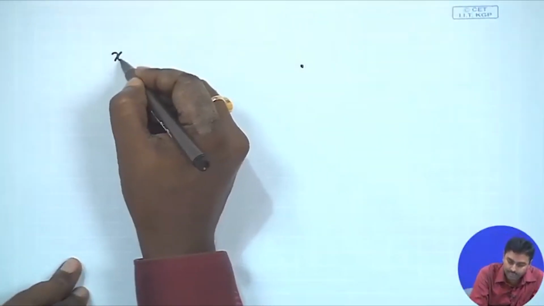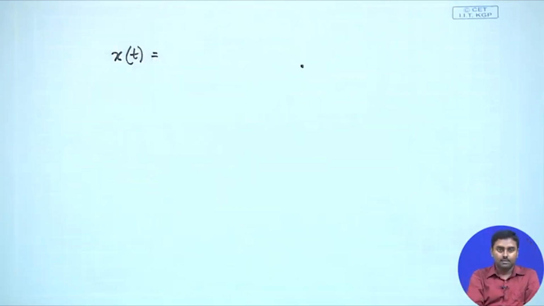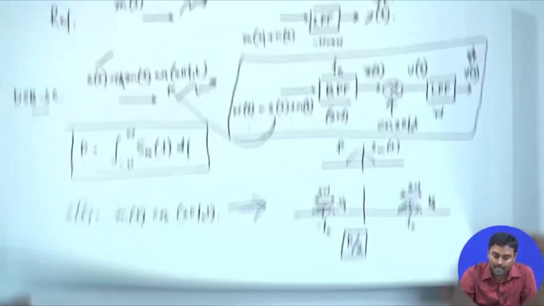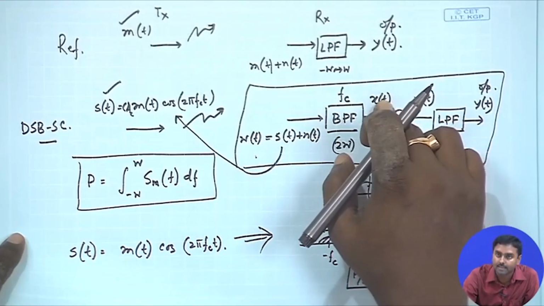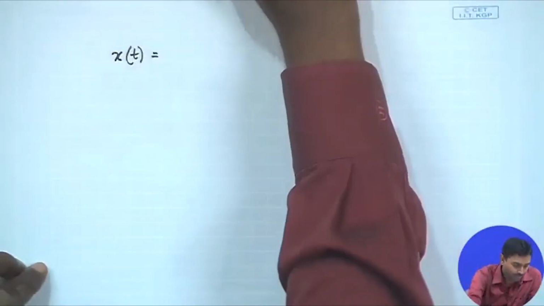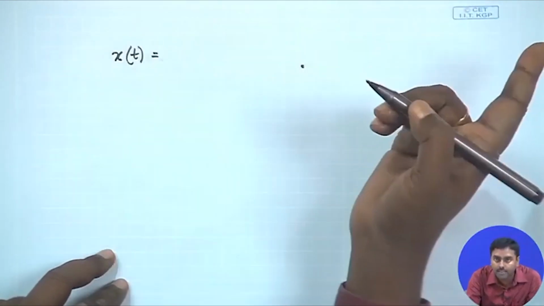My Xt is obtained after passing the signal plus noise through a band pass filter. So, what is Xt? Xt must have that St and the noise, which is passed through a band pass filter.